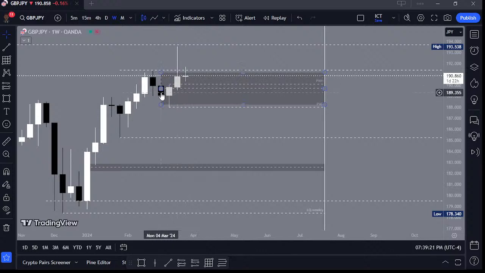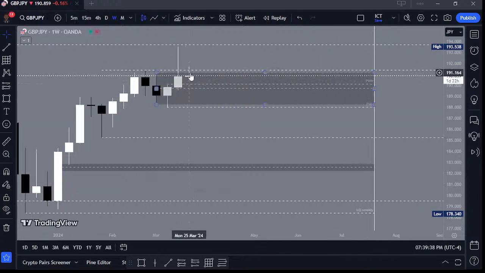We're playing around this candle, which means this third week didn't manage to close above or below. Also, as you can see, this last week, as today is Thursday, we are struggling to close above this.